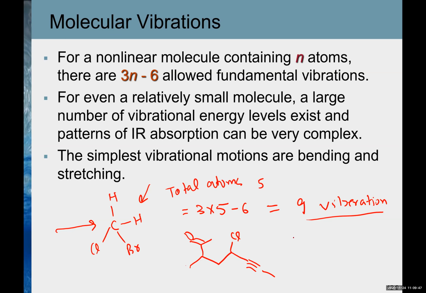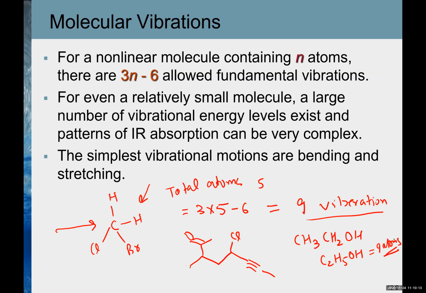I have a number for ethanol. Ethanol is CH3, CH2, and OH, right? So ethanol is C2H5OH. How many total atoms do we have? 7, 8, and 9, right? So the total is 9 atoms.